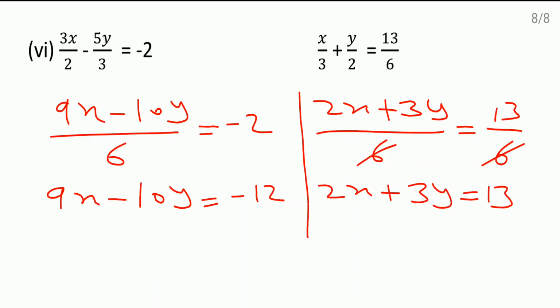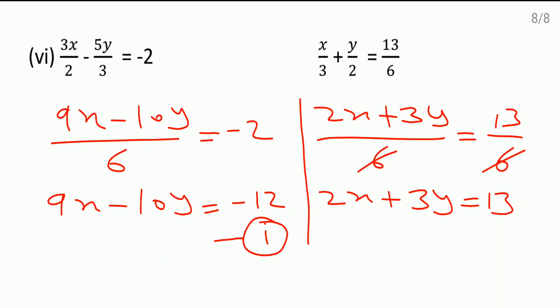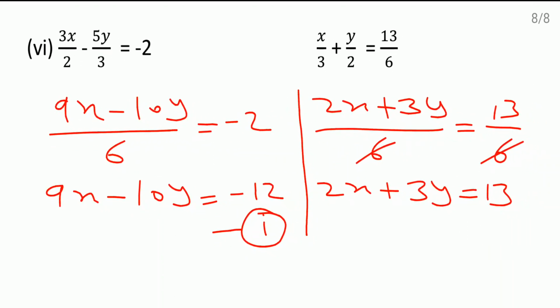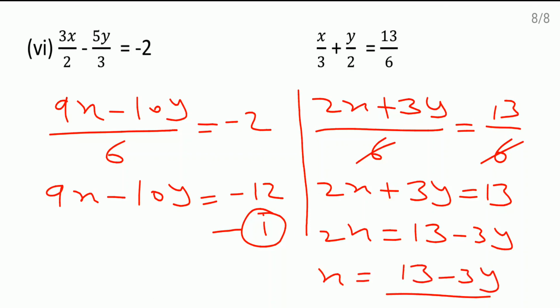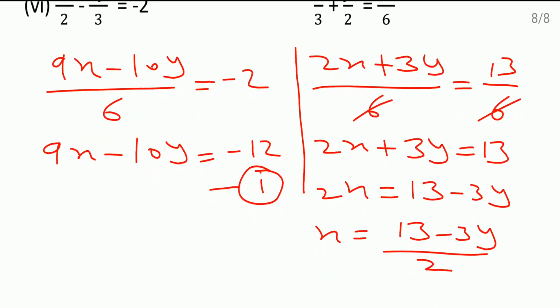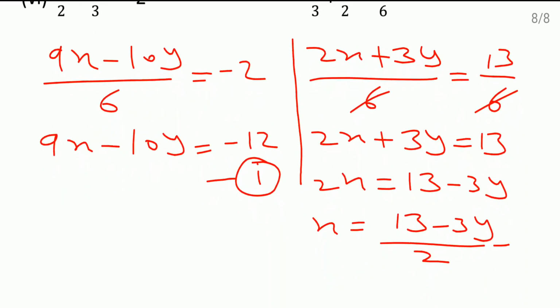So we can call this equation as equation 1, and this equation I will solve it further, because out of these two equations I am finding second equation is more easier. So here I will write down 2x, which is equal to 13 minus 3y, and x, which is equal to 13 minus 3y divided by 2. Correct? So I will name it as equation 2.